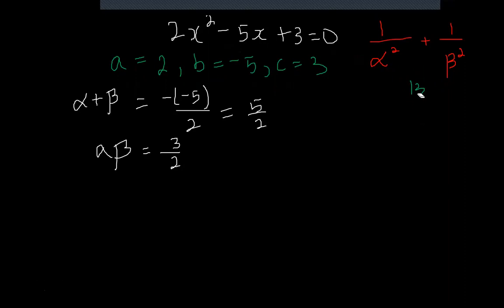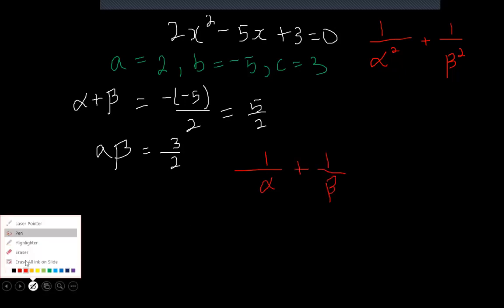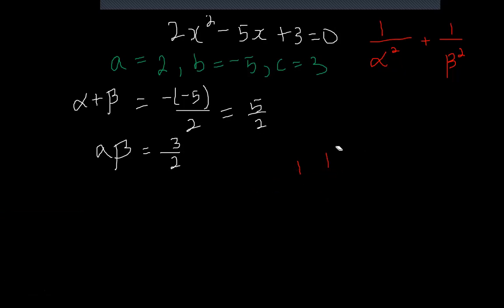They want you to notice that this was not on the list, right? Well, we had 1 over alpha plus 1 over beta. But that doesn't matter. Why? Let me show you.